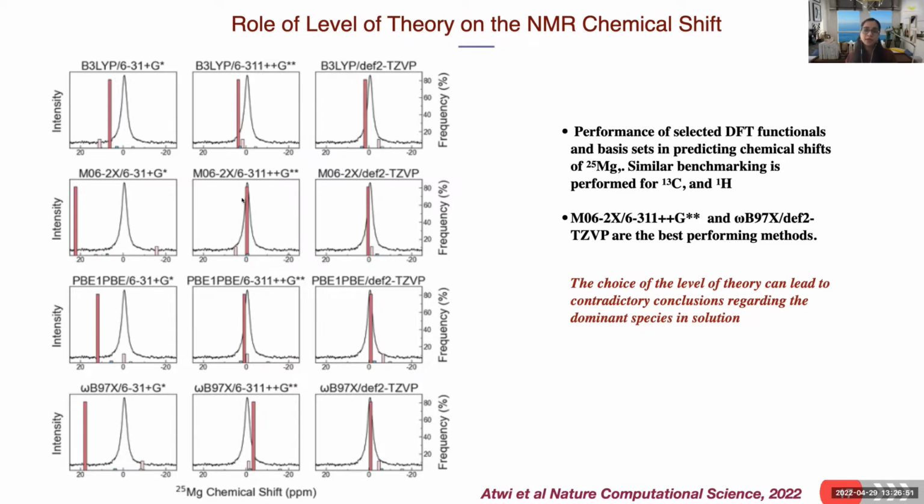We used these for other systems like lithium TFSI and also for some of the biomolecules, and they gave good results. The results I'm showing are for the magnesium NMR chemical shift. We did similar benchmarking for carbon and proton NMR chemical shift as well. So by combining all 3, we came up with some functionals and basis sets that work the best.